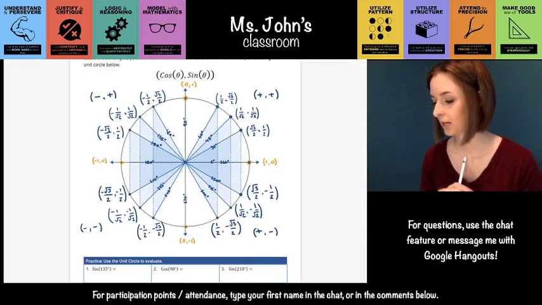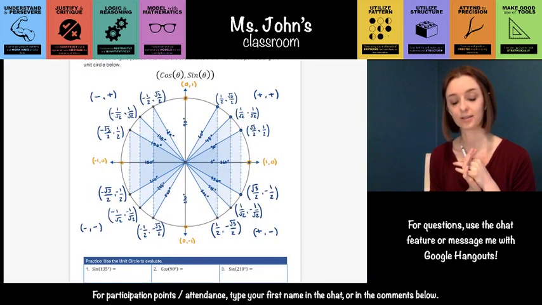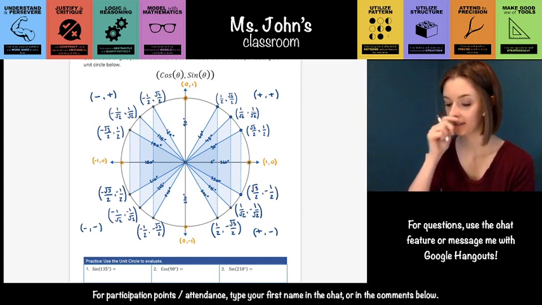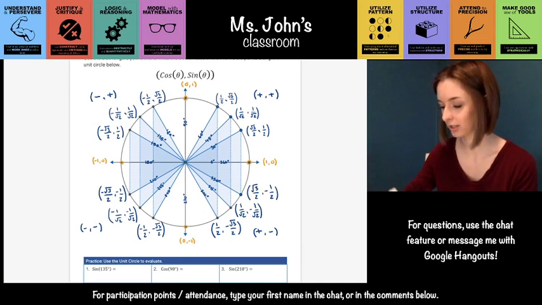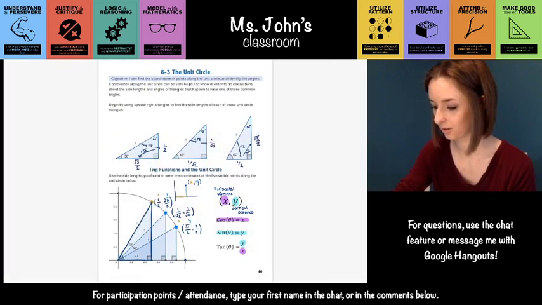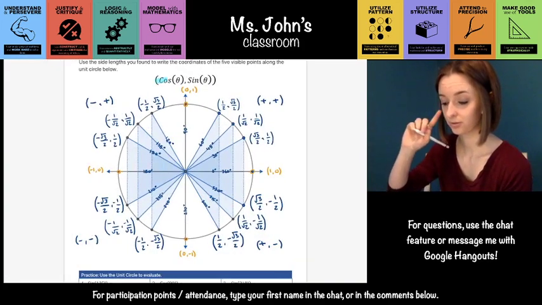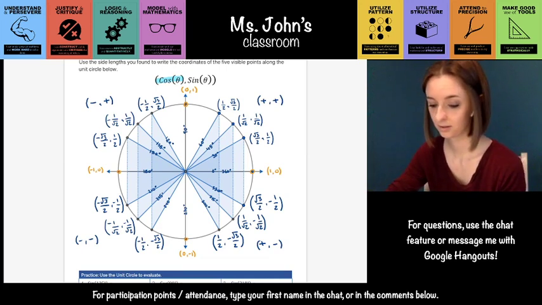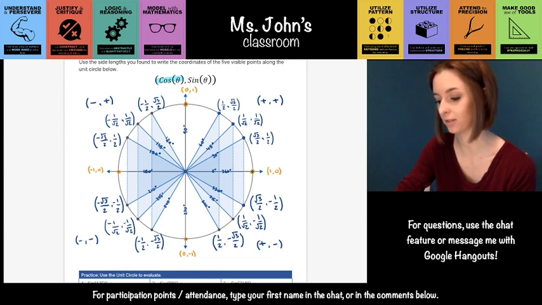Now we're going to do a lot of highlighting because I love to highlight things, and also it's very good for your brain. So let me just remind myself how I highlighted. Cosine is blue, sine is pink. So I'm going to highlight all of my cosine values, which is the x values of all of these coordinates, in blue.